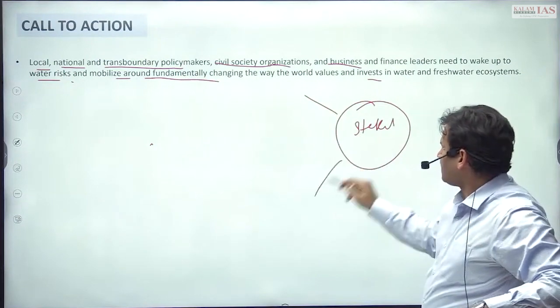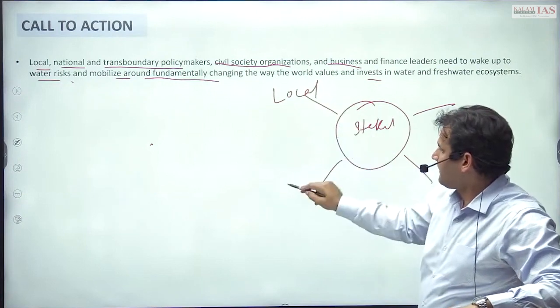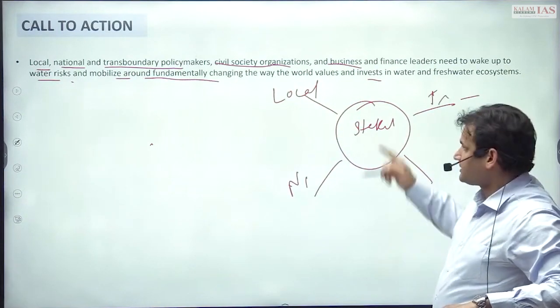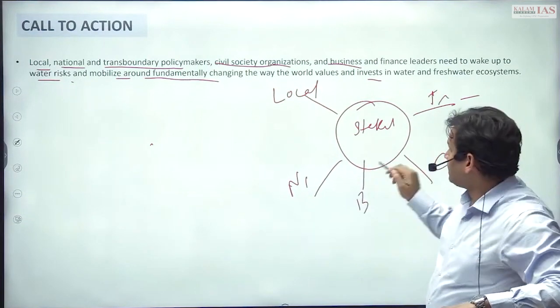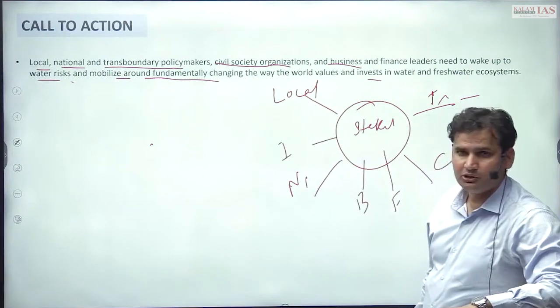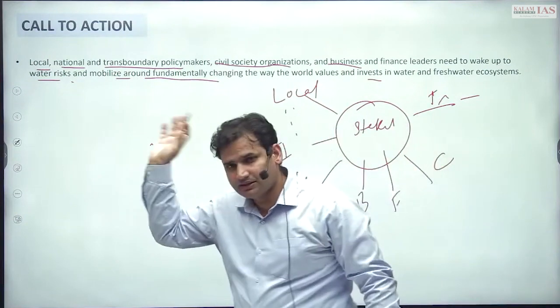There you can mention different stakeholders like local, national, transnational policy makers, civil society organizations, businesses, right? Finance institutions. What can an individual do? Or under it you can write or mention different points. We will see all of this, right?